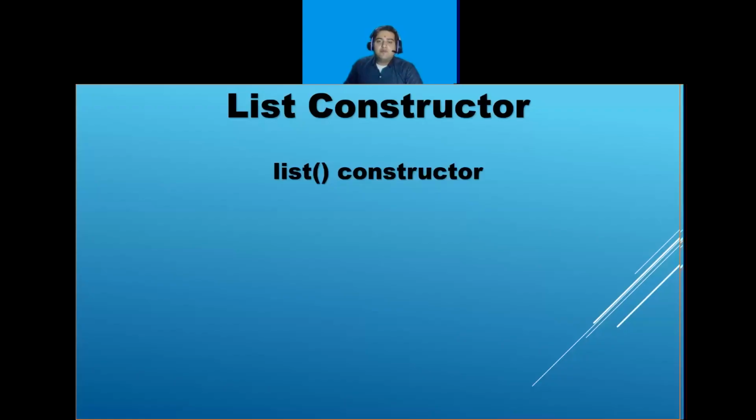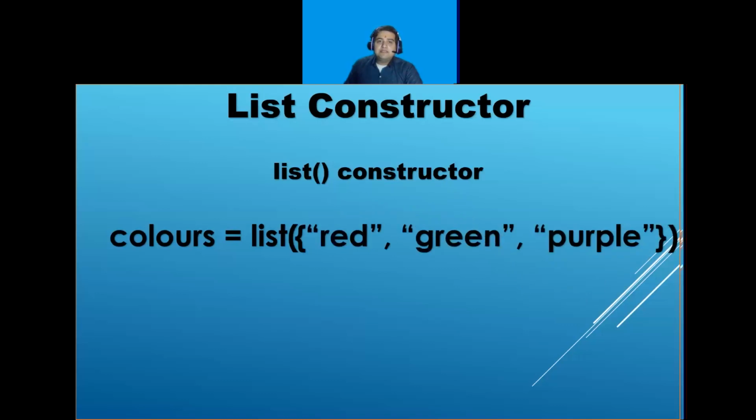It is also possible to use the list constructor to make a list. So for example, here is my list constructor. If inside the list constructor I mention a set, it will be converted to a list. And also inside the list constructor, if I mention a tuple, it will get converted to a list.